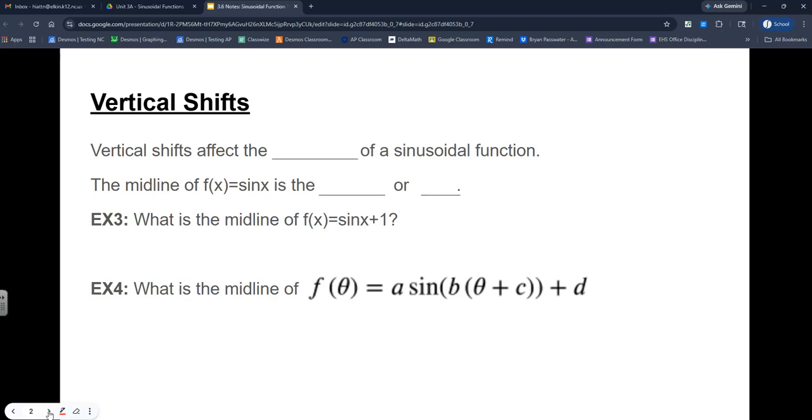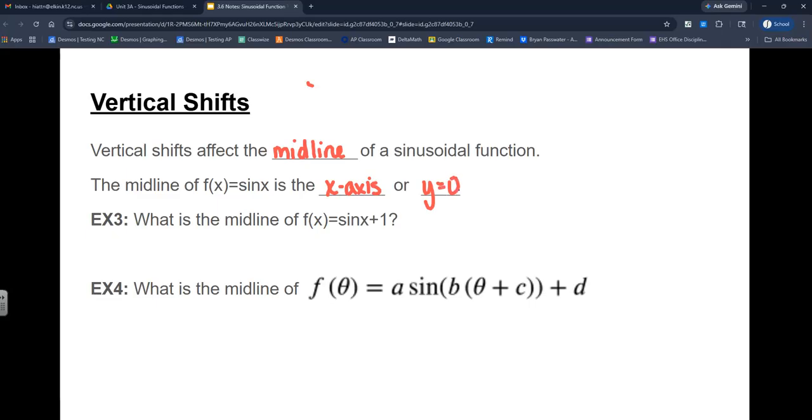So vertical shifts, when we're talking about sine functions, affect the midline of the sinusoidal function. The midline of just regular sine of x, or we could say cosine x as well, would be just the x-axis, or the equation for the x-axis is y equals 0.